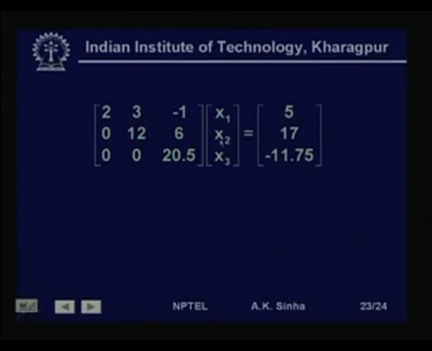Once we know x_3 and x_2, we can find the value of x_1, because this equation is 2 x_1 plus 3 x_2 minus x_3 is equal to 5. Since we know x_2 and x_3, the only unknown here is x_1, so we can find that from that equation.